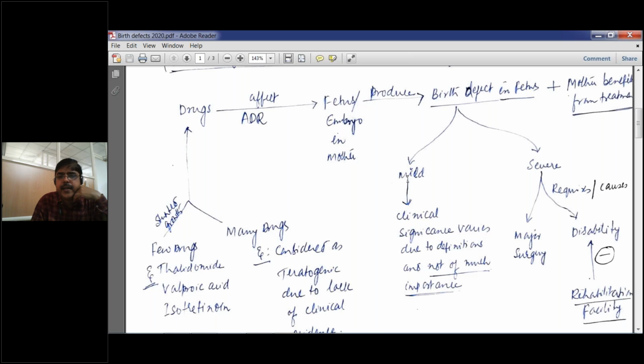Now, mild clinically means you have to find out whether it is clinically significant. Clinically significant means to say that there is an outcome that can be observed. If it is yes, then there is a treatment or alteration required. If it is not clinically significant, then it is not of much importance.